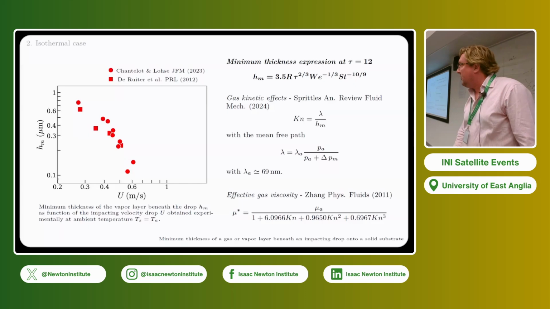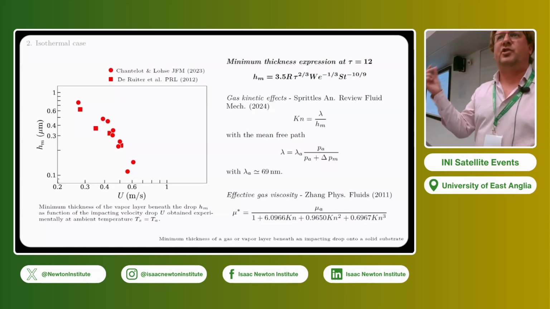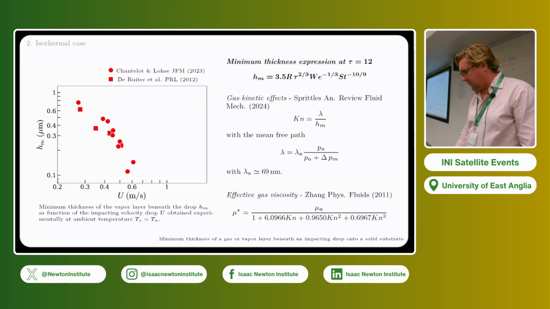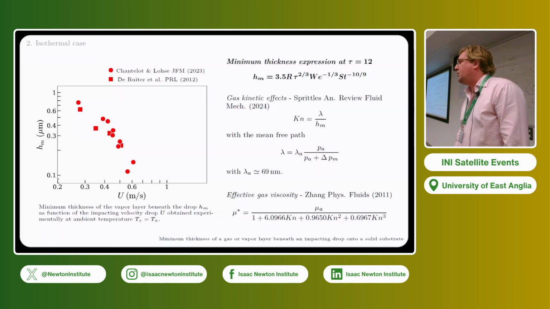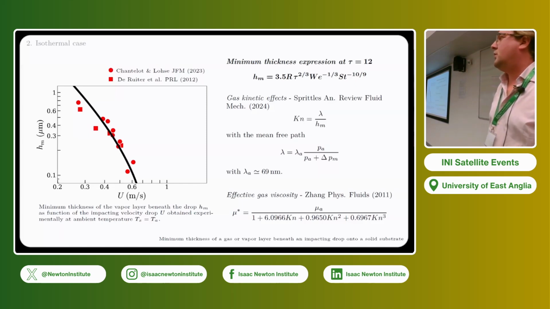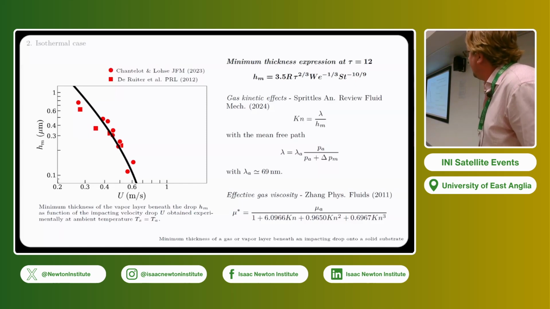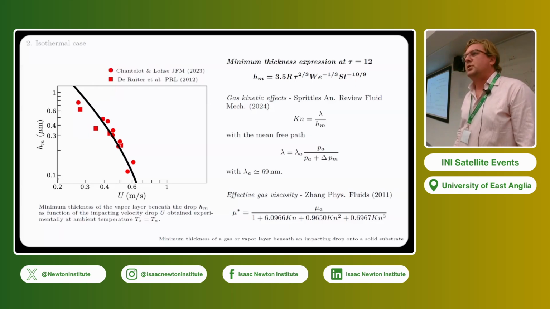In this expression, you can see that you have the Knudsen number. The Knudsen number is the mean free path over the scale, which is the mean thickness. And for the mean free path we take into account the overpressure in this region, which is delta Pm. So we do that and obtain this theoretical curve, and a good agreement with two sets of experiments.